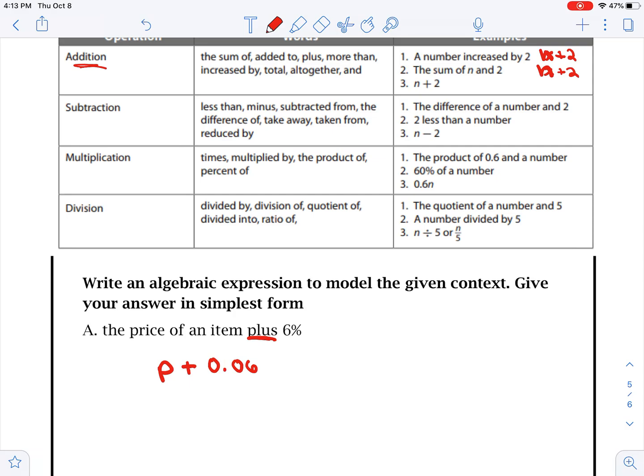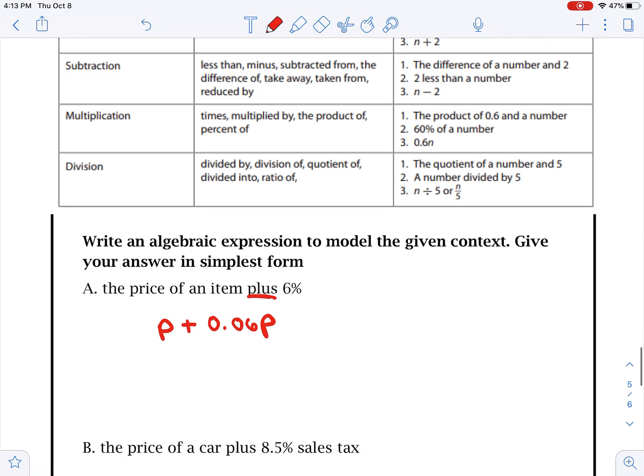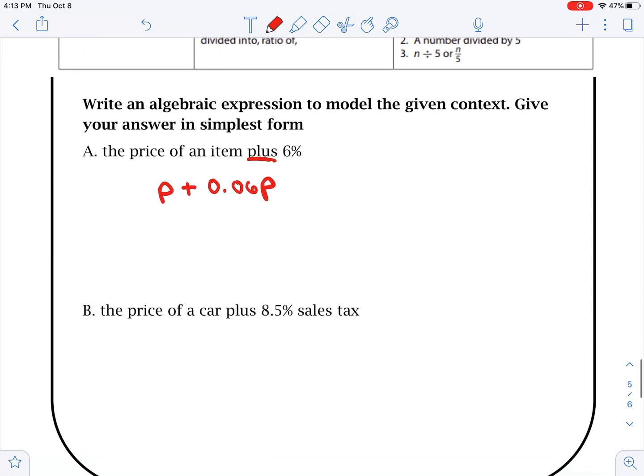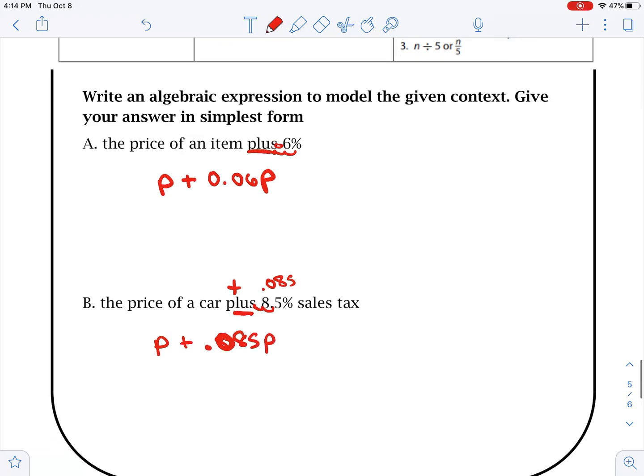Now the only thing is it's 6% of the item, so you've got to go times P. The price of a car plus, that means addition, 8% sales tax, so that's going to be 0.08. So we move that over 1, 2. Same thing up here. Move it over 1, 2, so that's where we get it, because it's a percent. Now, it's the price of a car, so the price of a car plus 8% of that price.